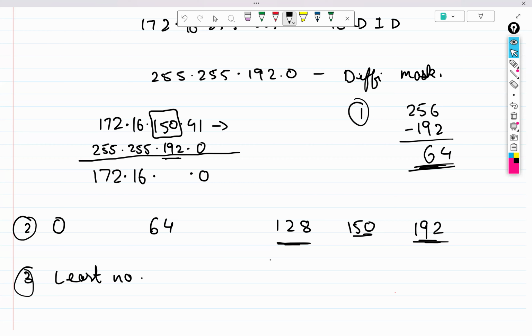Now this least number is what you are going to write over here, 128.0. This becomes your network ID.